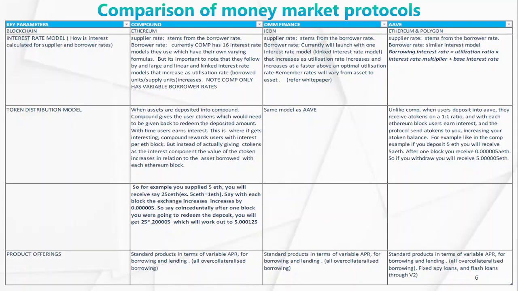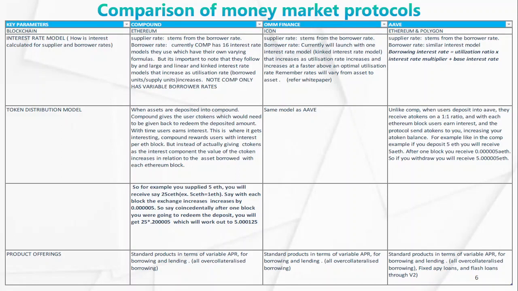Here are two Ethereum-based protocols, Compound and Aave, and obviously Ohm, which is not launched yet, so I'm taking it from the white paper of Ohm. Like I told you, there are two users in the protocol: a supplier and a borrower.